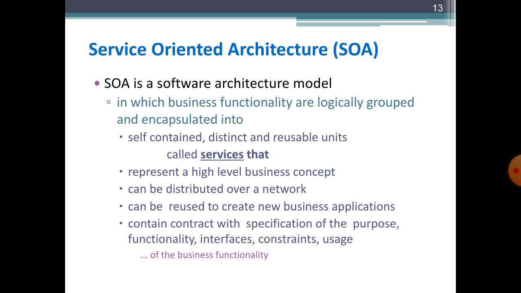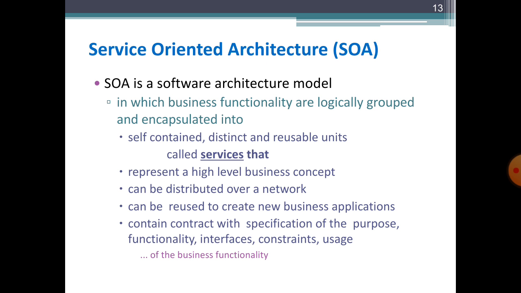These services can contain the specification of their purposes, different functionalities, graphical user interfaces, different constraints, and their uses in different business functionalities as well. So that is a brief discussion about service oriented architecture.